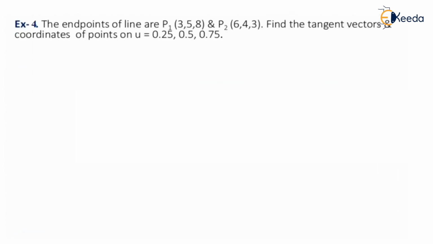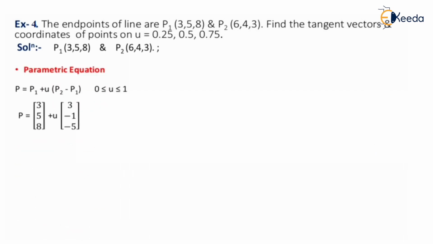Next, the last example. End points of a line are P1 3, 5, 8 and P2 6, 4, 3. Find the tangent vector and the coordinates of a point on the line at u equal to 0.25, 0.5 and 0.75. So the P1, P2 points are given.